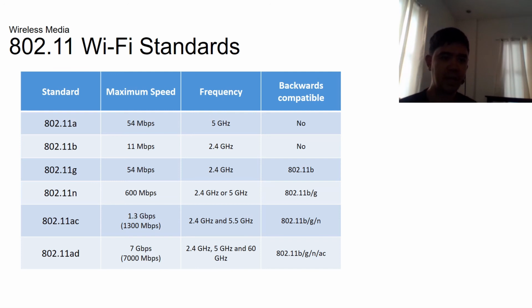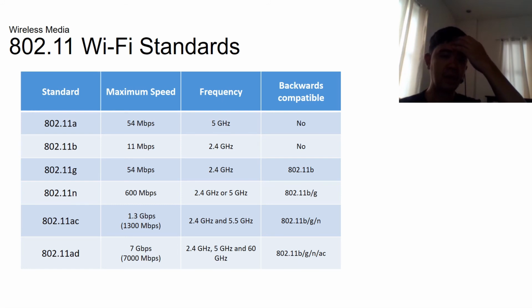I have here a list of IEEE 802.11 Wi-Fi standards. This indicates that there are wireless LAN cards and wireless routers that support A, B, G, N, AC, or AD. Wireless devices may conform to these different standards.